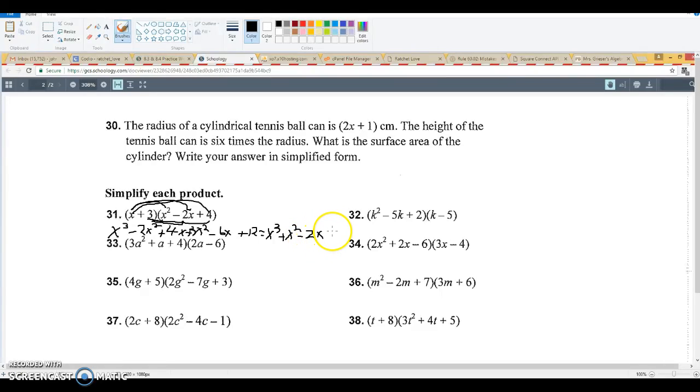And then we end up with a positive 12. So, for all of these problems, again, if you remember the distributive property, you can do everything. Okay? So that's all of the 8.3. I'm going to look at 8.4.